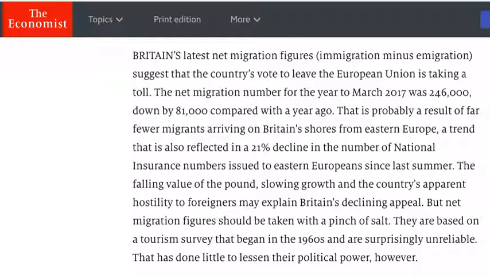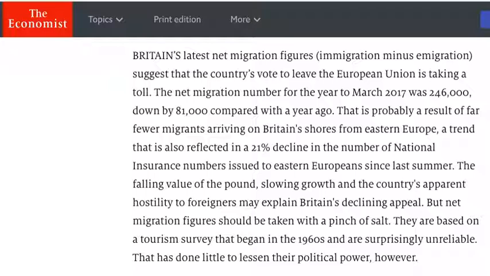Compared with a year ago. Can you see how concise that language is? Take that expression, write it down. You will use it again and again in IELTS Task 1.